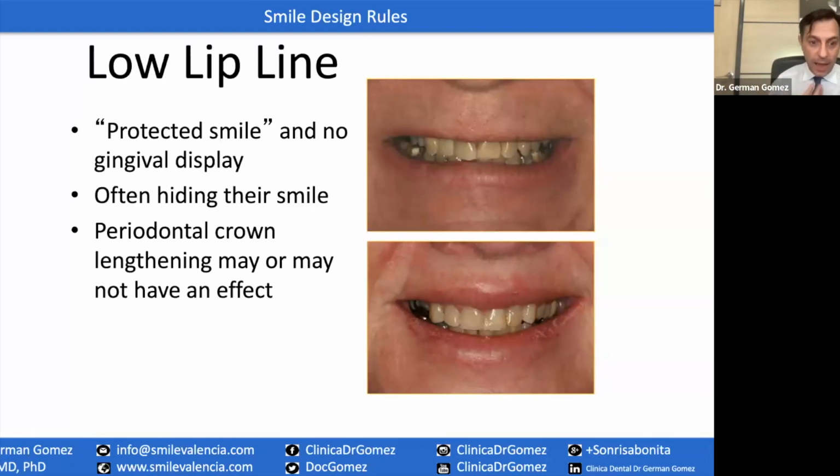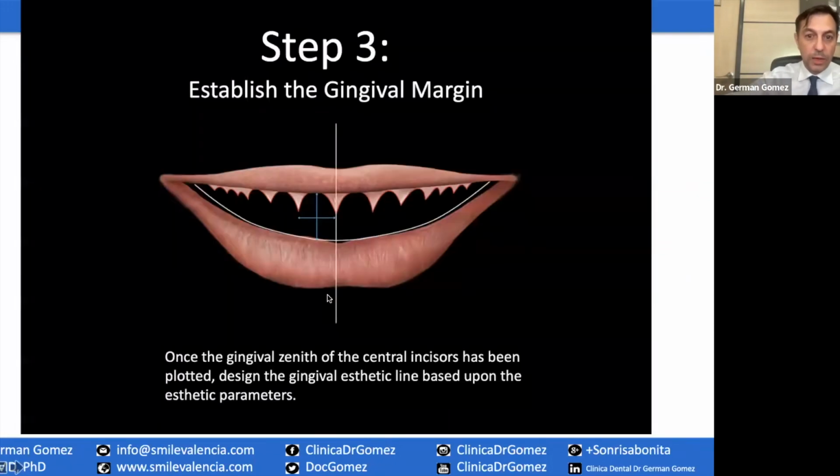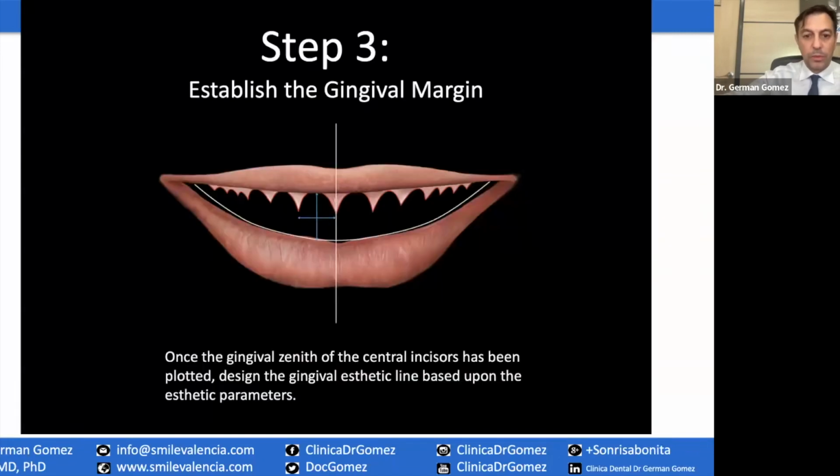Because they hide their smile, and they have hidden it for years or decades. And now they don't know how to smile. So it should be congruent, and there can be a 1 to 2 millimeter display of gingiva. If there is too much, we have to do something about it. Okay, we established that. And then we see it's between 1 and 2 millimeters, it's okay.